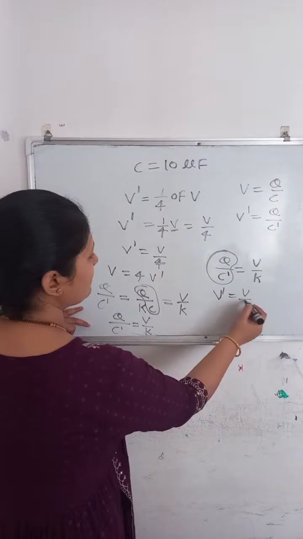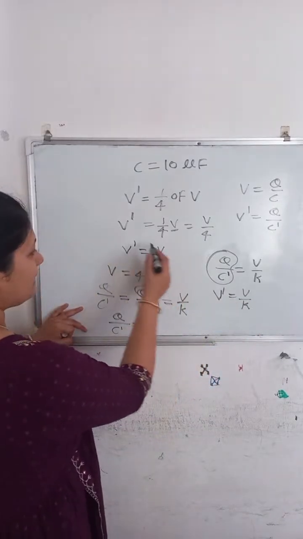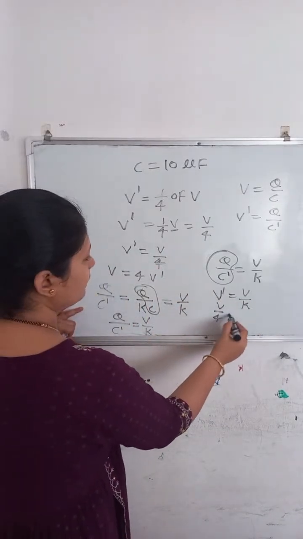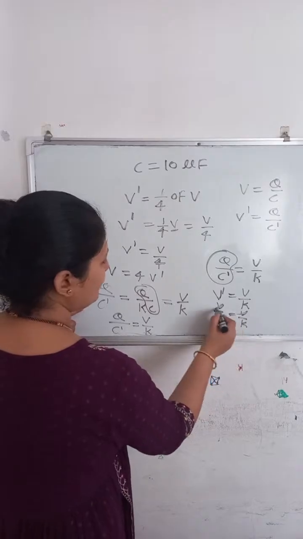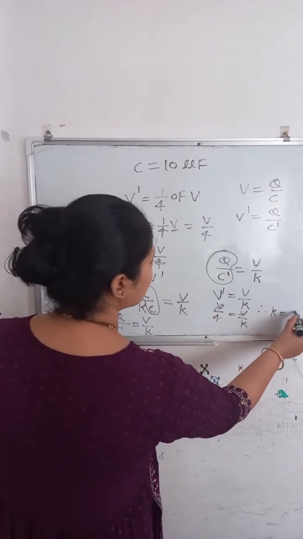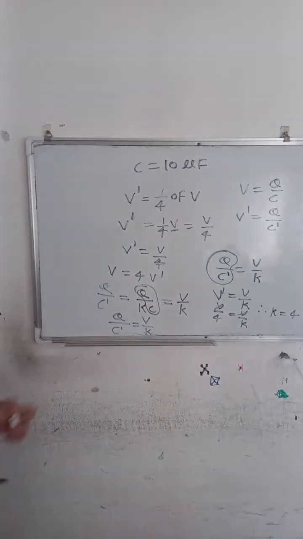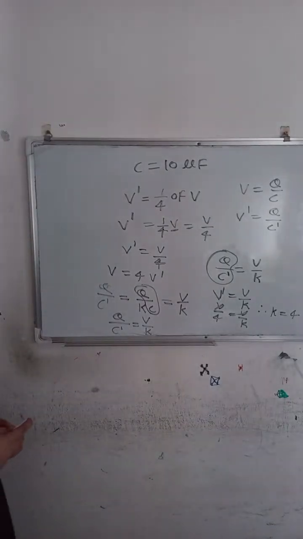So V dash is equal to V by K, and V dash is nothing but V by 4. V gets cancelled, and therefore K is equal to 4. This is the answer. A little more adjustment; I didn't immediately click the answer. So this is the procedure. We have to apply a little brain.